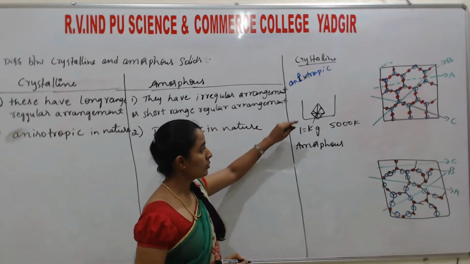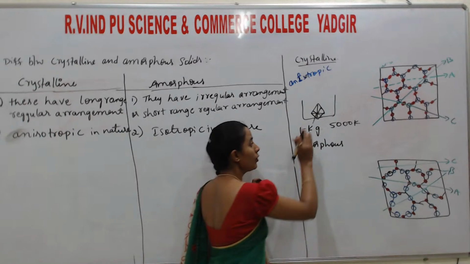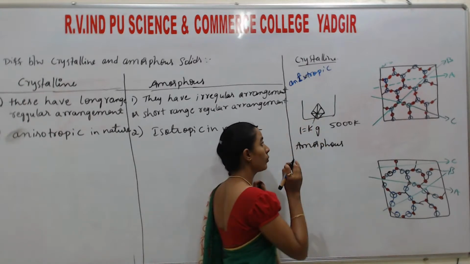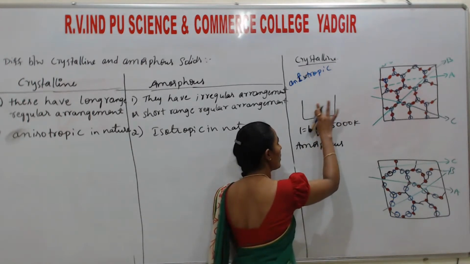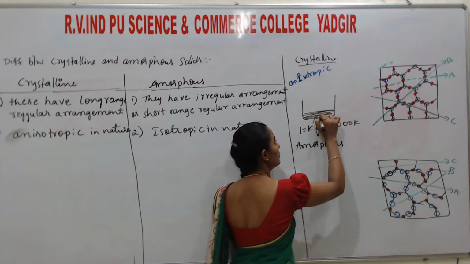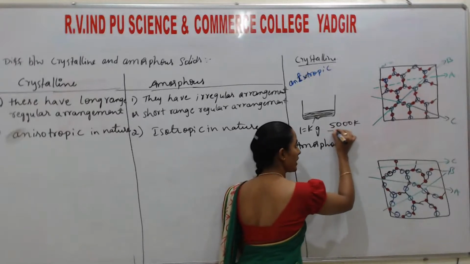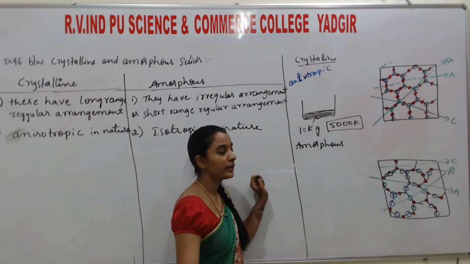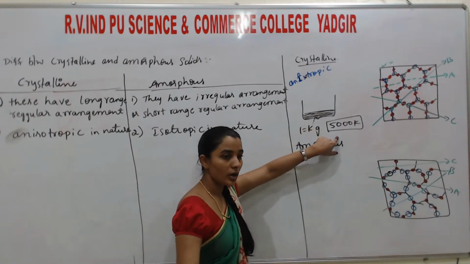When the temperature reaches 5000 Kelvin, no matter whether it is 1 kg, 1 gram or 1 ton, we don't bother about that. This complete mass immediately melts and becomes liquid. So at exactly 5000 Kelvin, the complete solid converts into liquid. It has a sharp melting point.